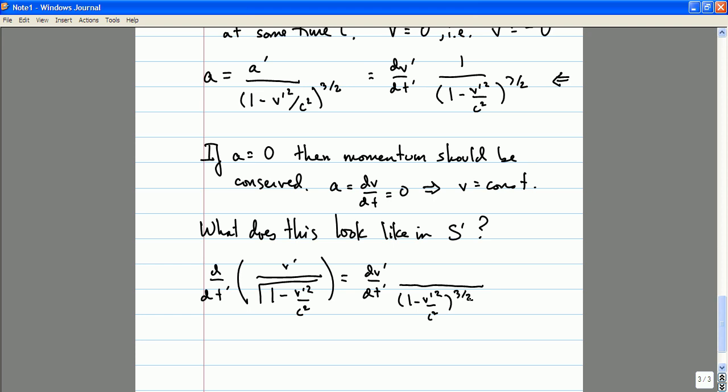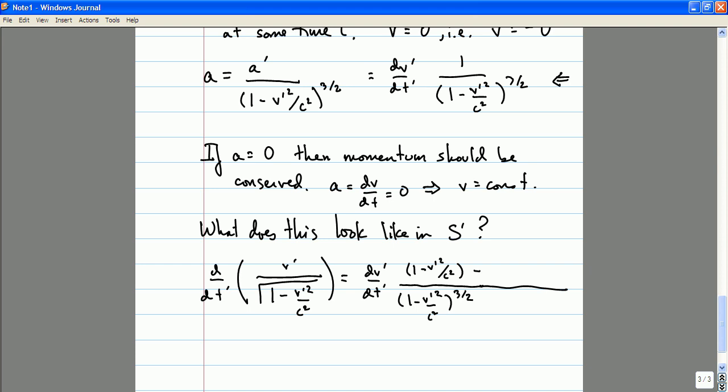And the numerator is going to be, well, just a thing first that you get by taking the derivative of the v prime. So that's 1 minus v prime squared over c squared, minus the thing that you get from taking the derivative of the denominator.